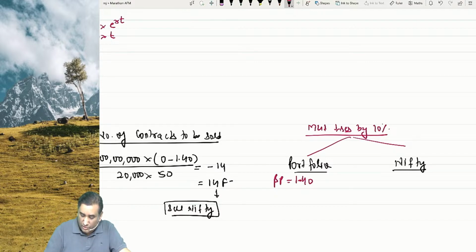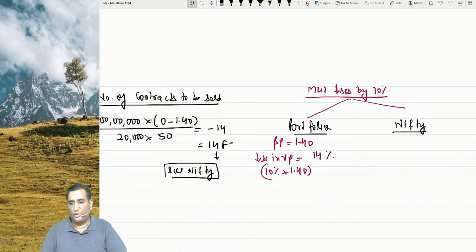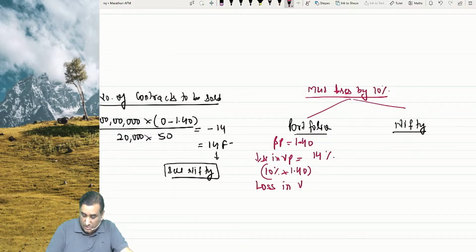That does not mean the portfolio will not decline. Whatever decline will happen will be compensated. So the decrease in value of the portfolio will come. The market declines by 10%, so 1.4 into 10 percent, 14% I'll decline. Loss in value of portfolio on the 100 lakh.